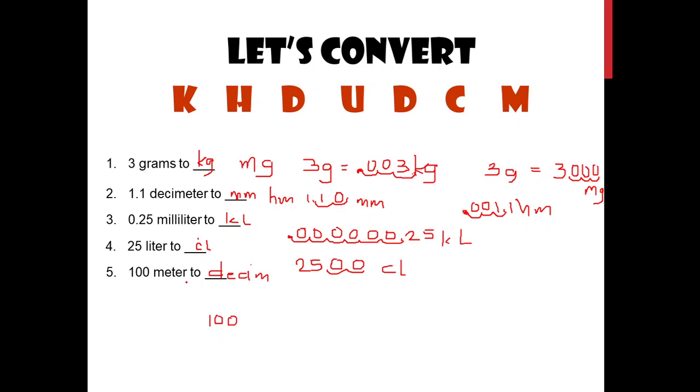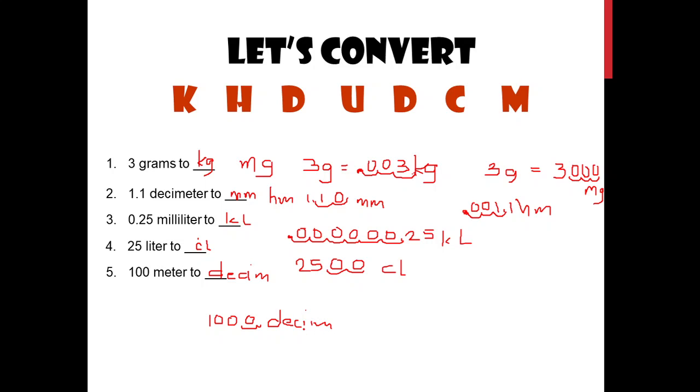So meter is the standard unit, so it's in between, right? And then I want to convert this one from here to here. So only one place, right? Now, the decimal place is here, so it's after the number. So I'll just move one decimal place here, and then just add 0. So 100 meter is equal to 1,000 decameter.